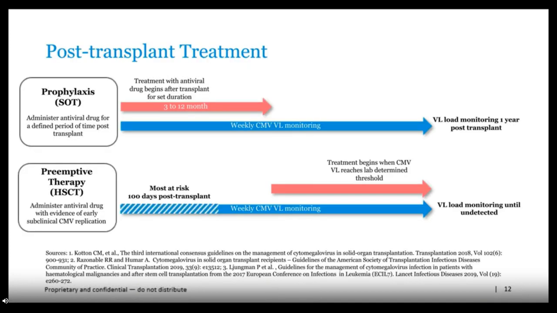Looking a little closer at how that might work, this is a slide focused specifically on CMV monitoring and treatment in the solid organ transplant and the bone marrow transplant patient population. Typically in solid organ transplant programs, the antiviral drug is valganciclovir usually. It's administered for a defined period of time post-transplantation, typically from 3 to 12 months, depending upon the type of solid organ transplant.